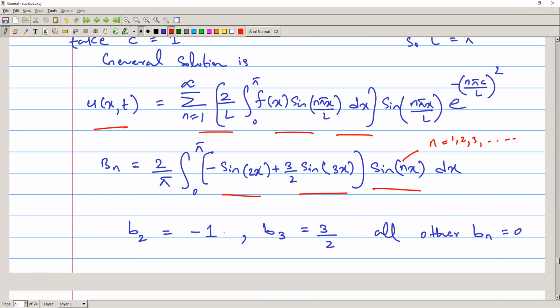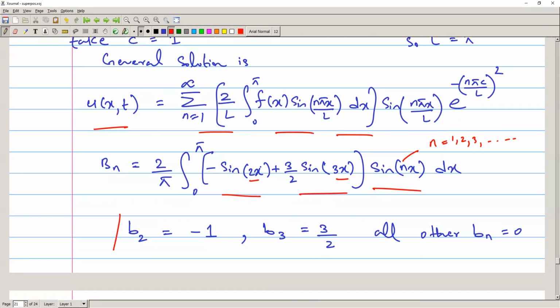So we will get a value only when n is equal to 2, because here it's 2x, and n is equal to 3 because of this 3x. Otherwise, the integral for all other n's will be 0. So all other bn's will be 0. We will only get the values of b2 and b3.